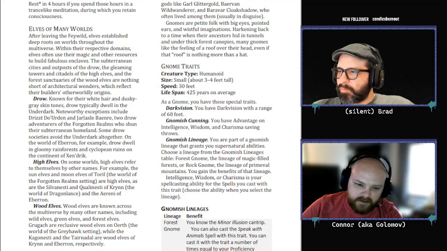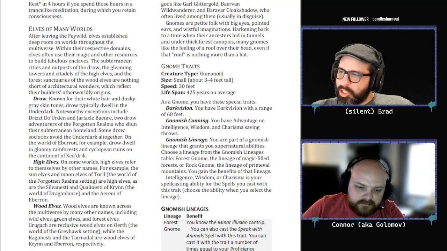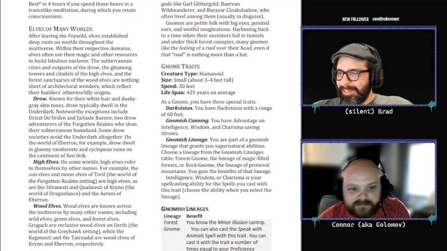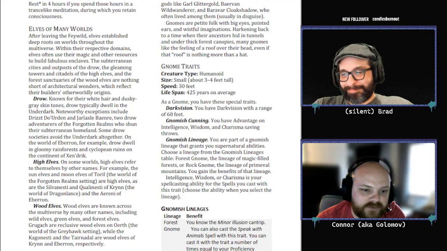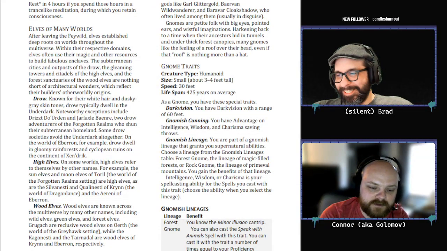So High and Wood elves are the only ones they don't mention what they look like, which is interesting. All these pointy-eared bastards are all over the place. Not as much as humans, though. Humans are basically just like the cockroach.